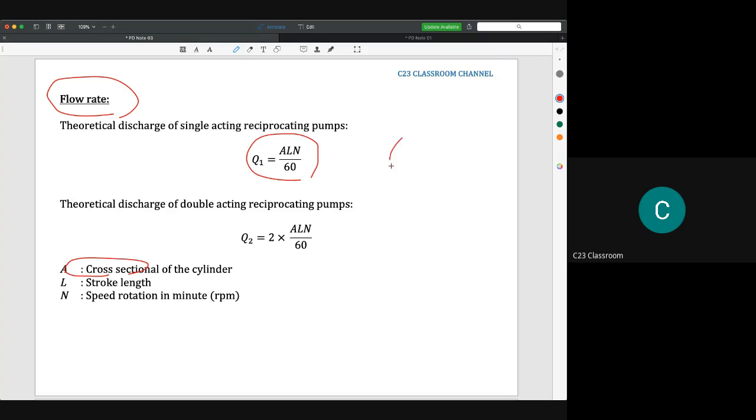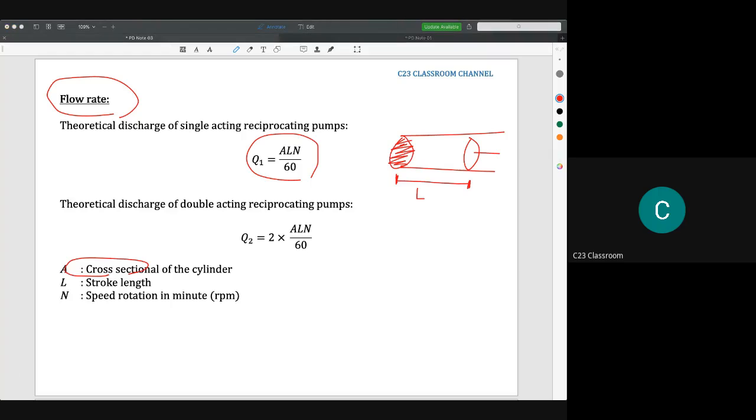We have a cylinder like this, and then we have the piston here. So A is the cross-sectional area of this. And L here is the distance of the piston stroke. Maybe this is the highest point and this is the lowest point of the piston, so this is the length L.